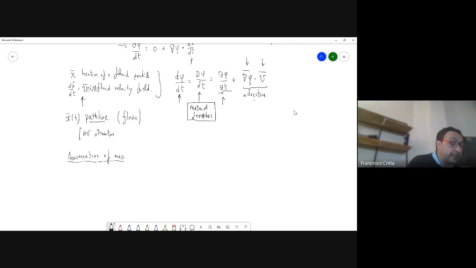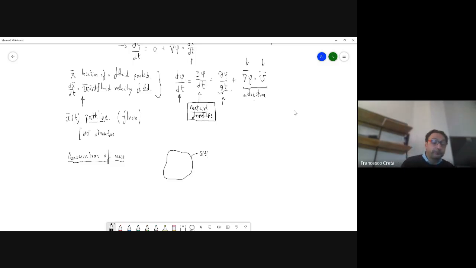So how do we represent that? Well, we can think of what we call a material surface. Again, whenever I use the word material, I'm talking about something that moves with the fluid flow, the velocity of the fluid flow v.